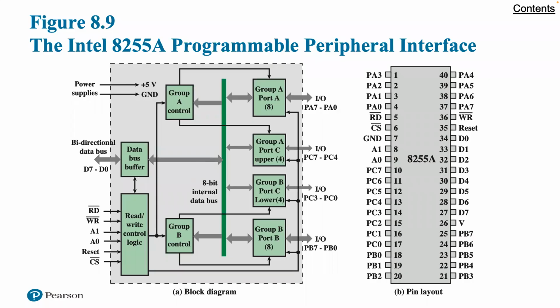So here we're seeing a figure of the Intel 8255A programmable peripheral interface. This is an example of an I/O module used for programmed I/O and interrupt-driven I/O. We consider the Intel 8255A programmable peripheral interface.